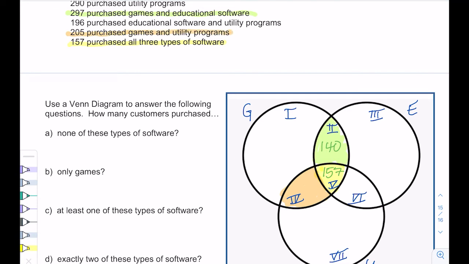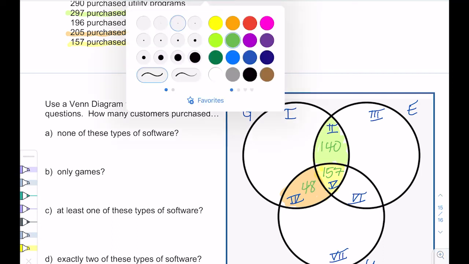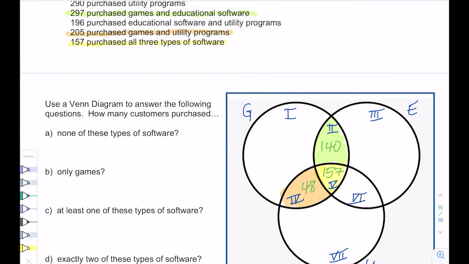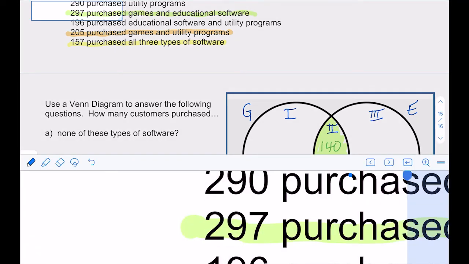So I know that that needs to add up to 205. So if I take 205 and I subtract 157, I get 48. Next, I want to look at region 6 and region 5.